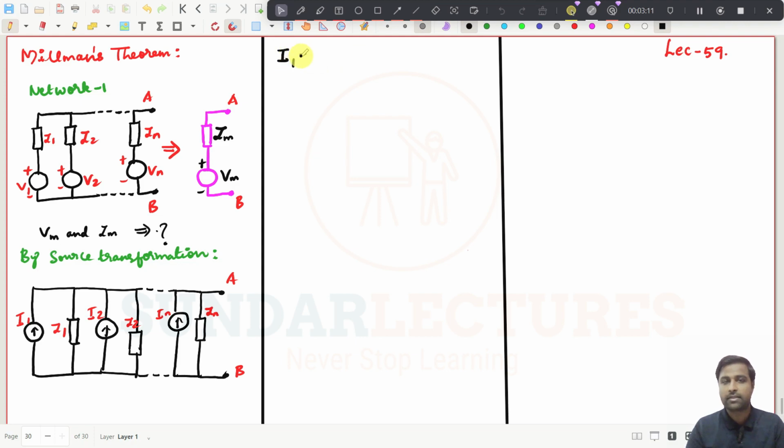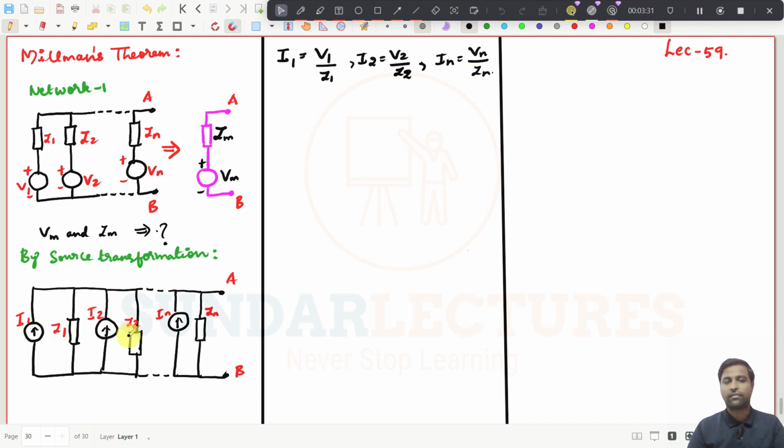I1 is equal to V1 divided by Z1. We know that. Also I2 is equal to V2 divided by Z2, and up to In is equal to Vn divided by Zn.